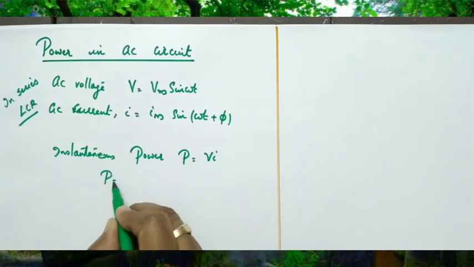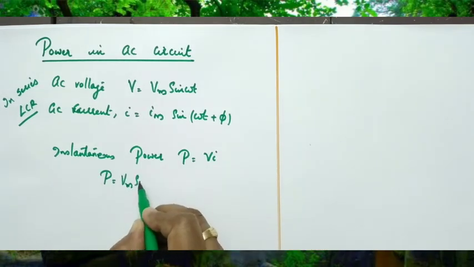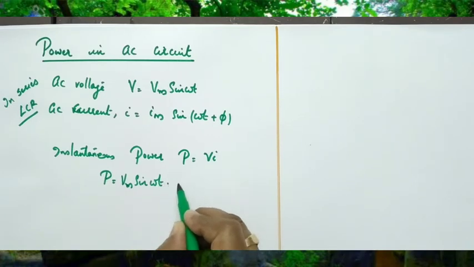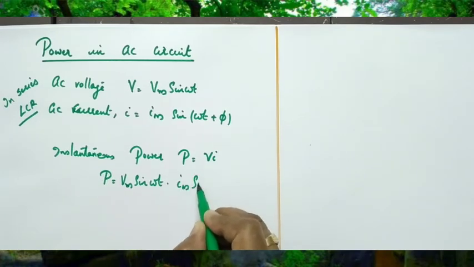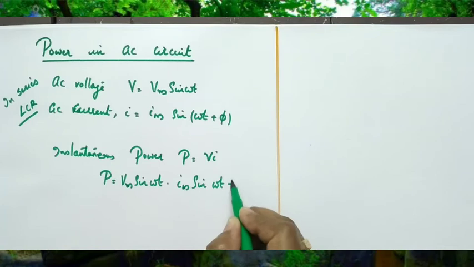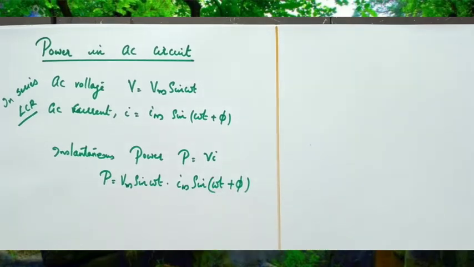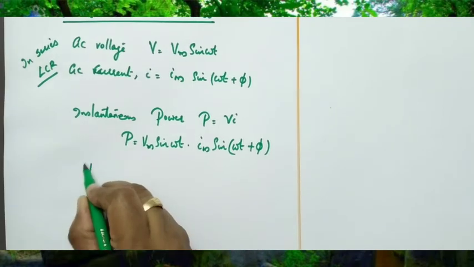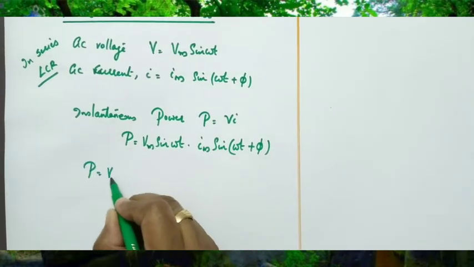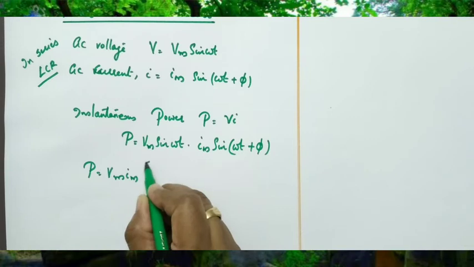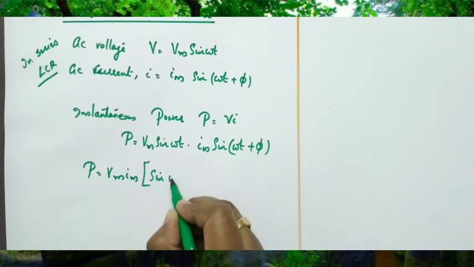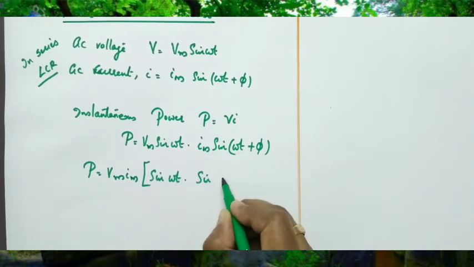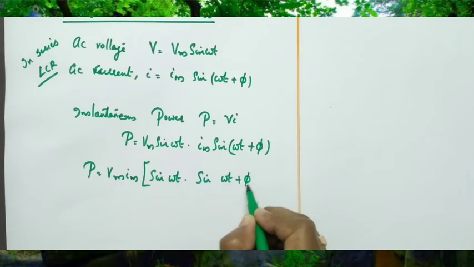So P equal to what is V? Vm sin omega t, and current I is Im sin omega t plus phi. Clear? So this can be written as instantaneous power P equal to Vm Im into sin omega t into sin omega t plus phi.